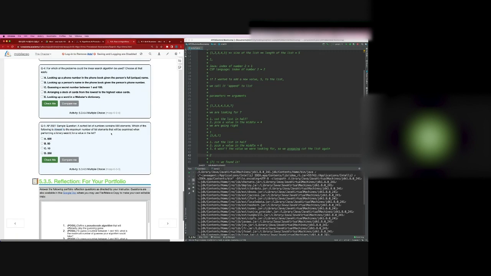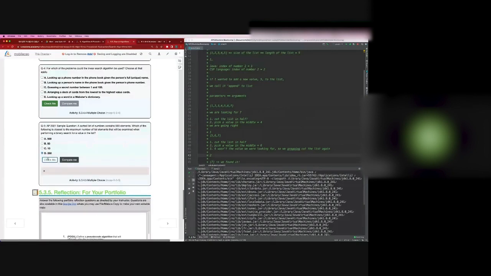So we divide by 2 several times from 500. It becomes 250, then 125, 62.5, and so on, 31.25. Then you have to divide around 10 times to get closest to 1. Yeah, exactly.